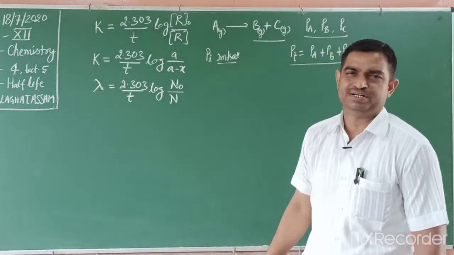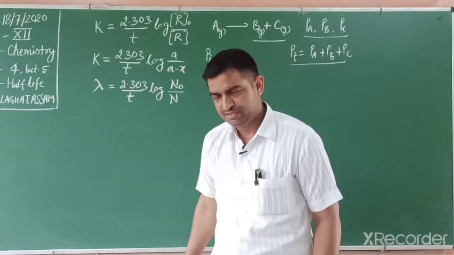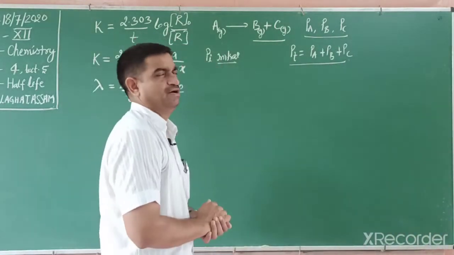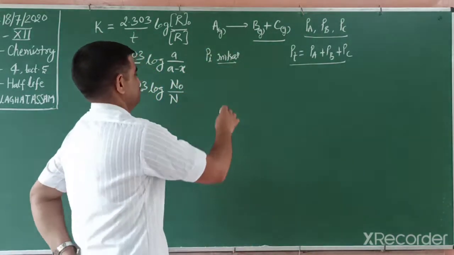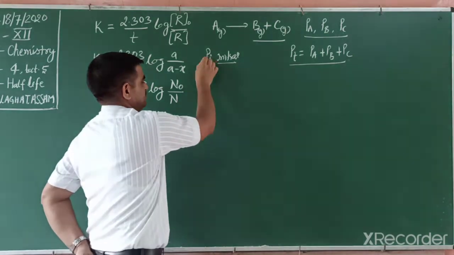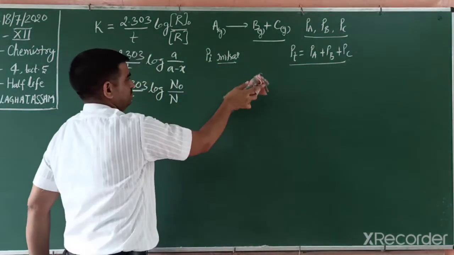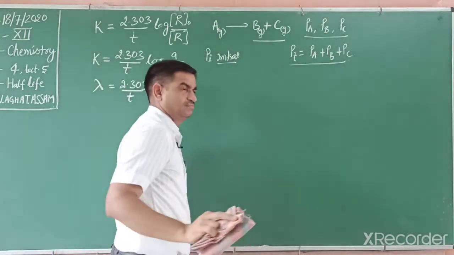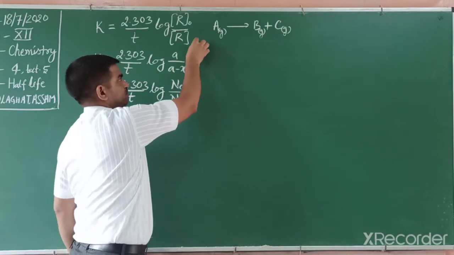So how can we find this out? Suppose x amount of A is decomposed. Then what happens? We write it again.